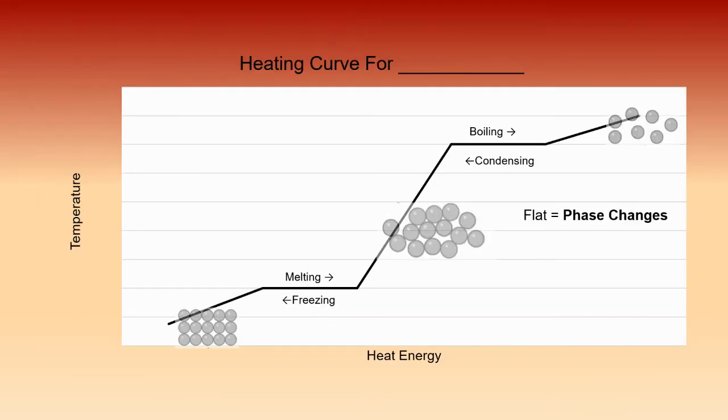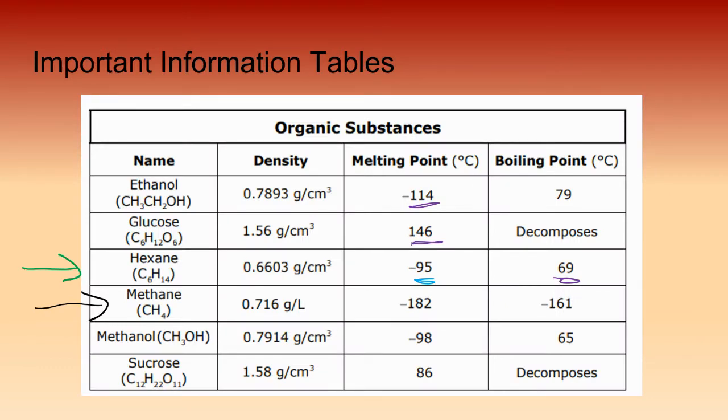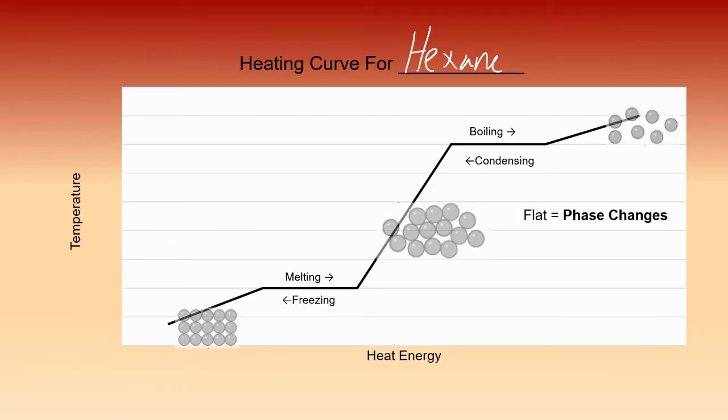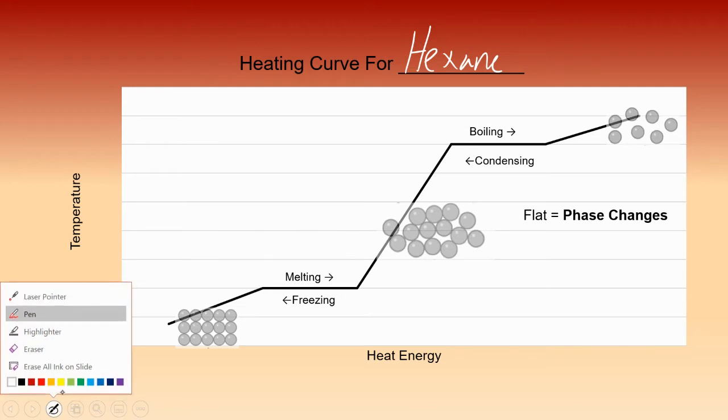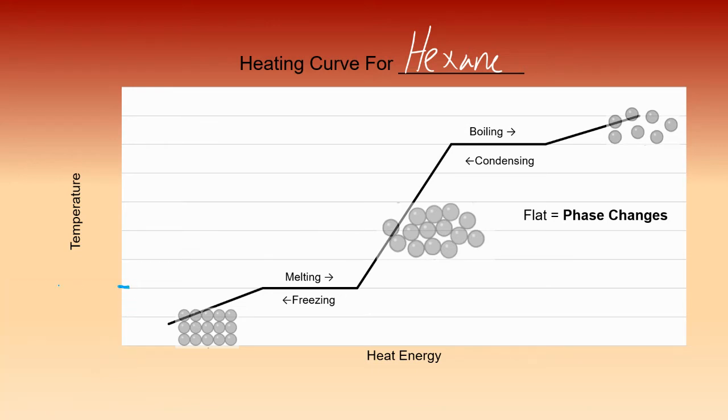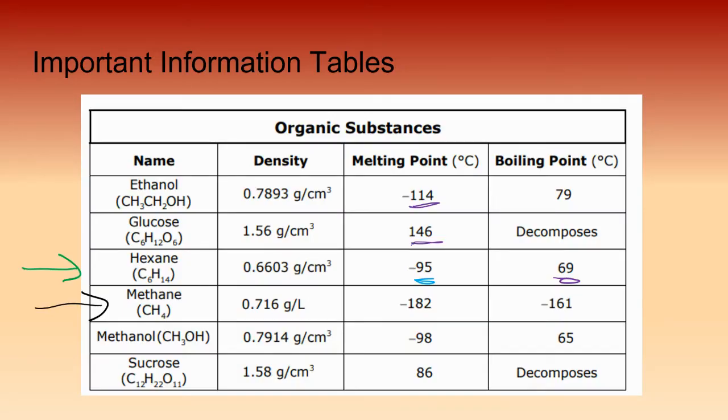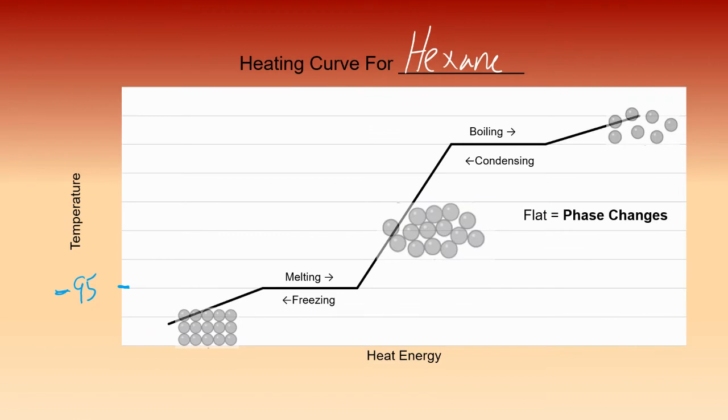So if we do this for hexane, that melting point, that first plateau, is negative 95. So this first plateau here would be negative 95. And then that second plateau would be at 69.